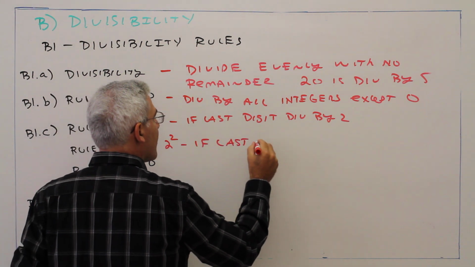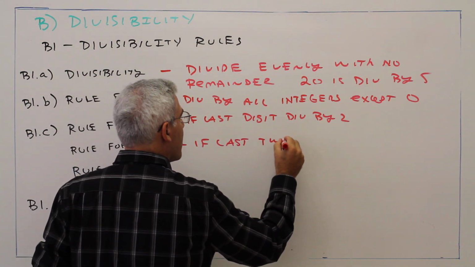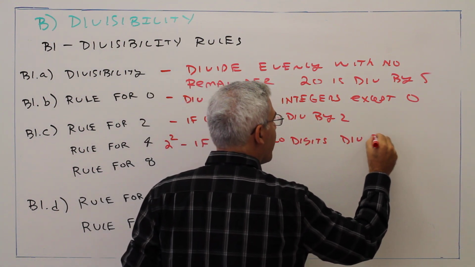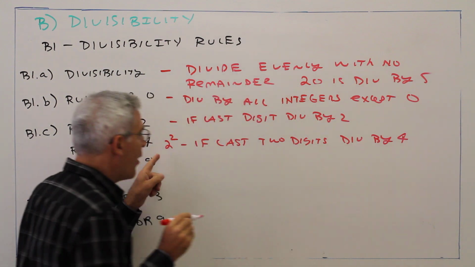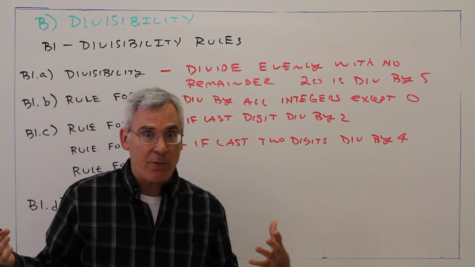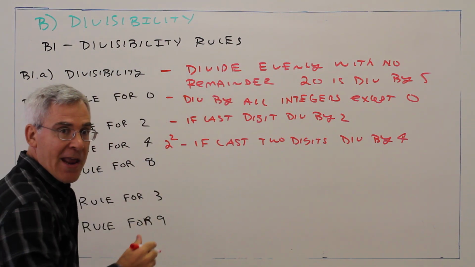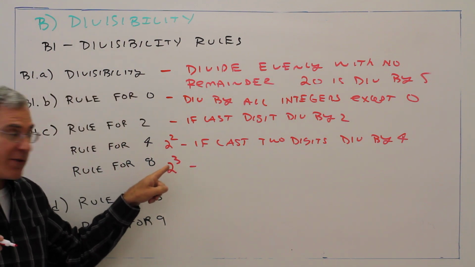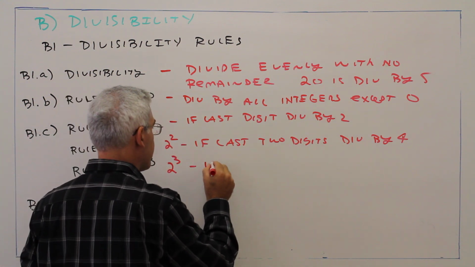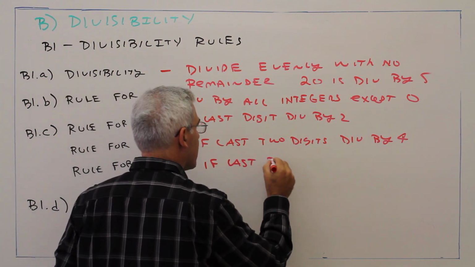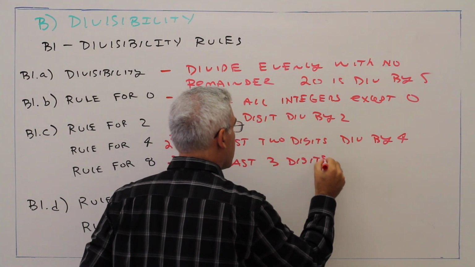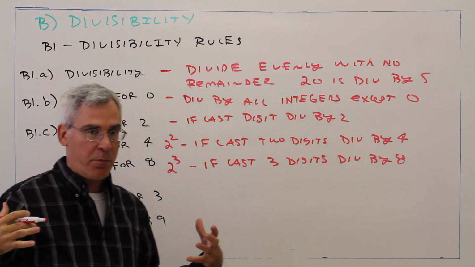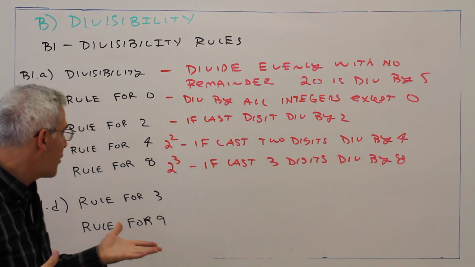If the last 2 digits are divisible by 4, then the entire number is divisible by 4. And for 8, hopefully you can guess, if the last 3 digits are divisible by 8, then the entire number is divisible by 8. And we'll have problems later on to show these.